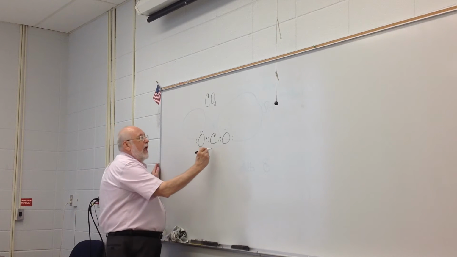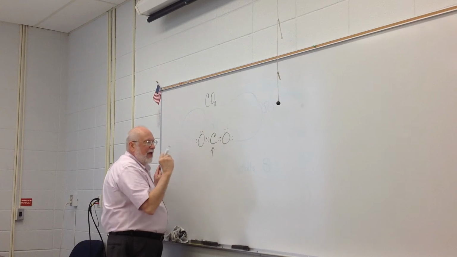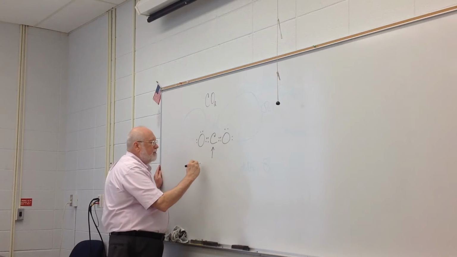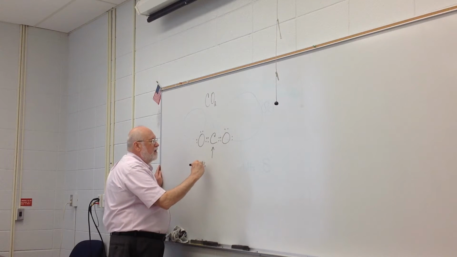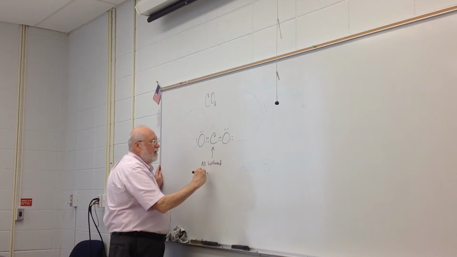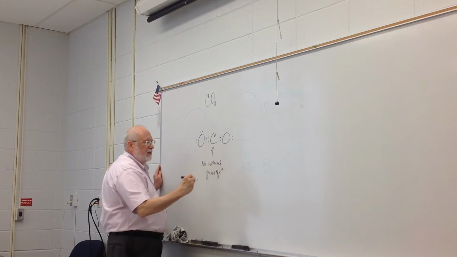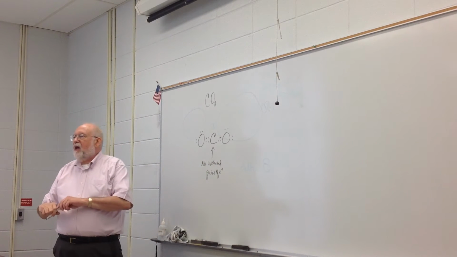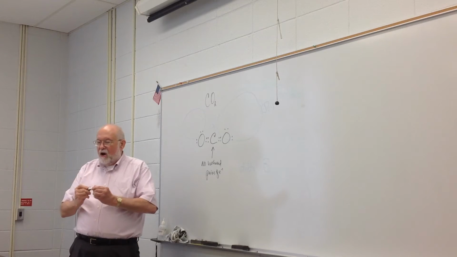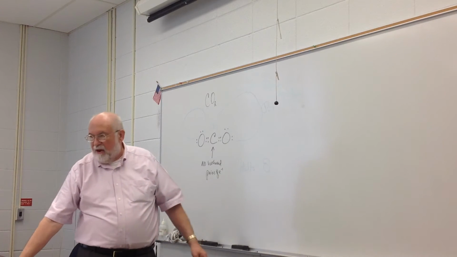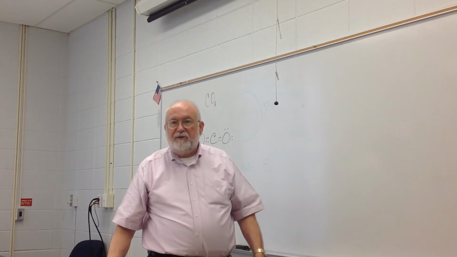Now, as we mentioned last time, on that central carbon atom there were no unshared pairs of electrons. All that we have on the central carbon are bonded pairs of electrons, right?